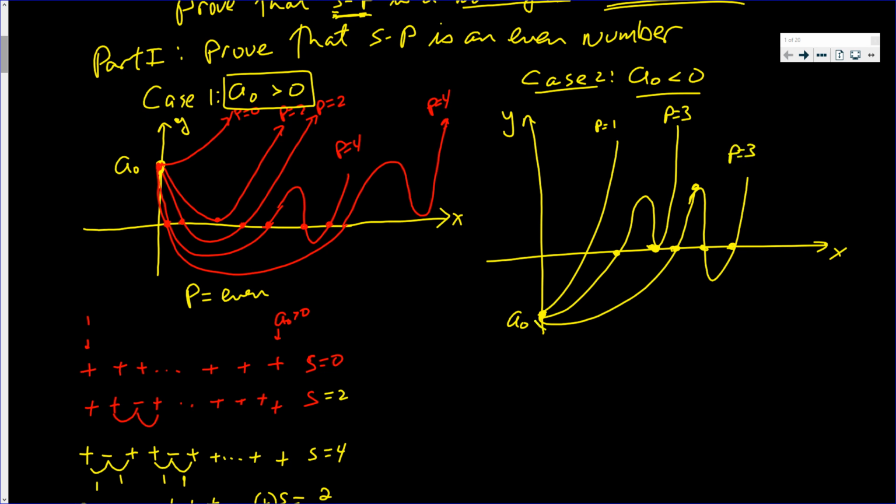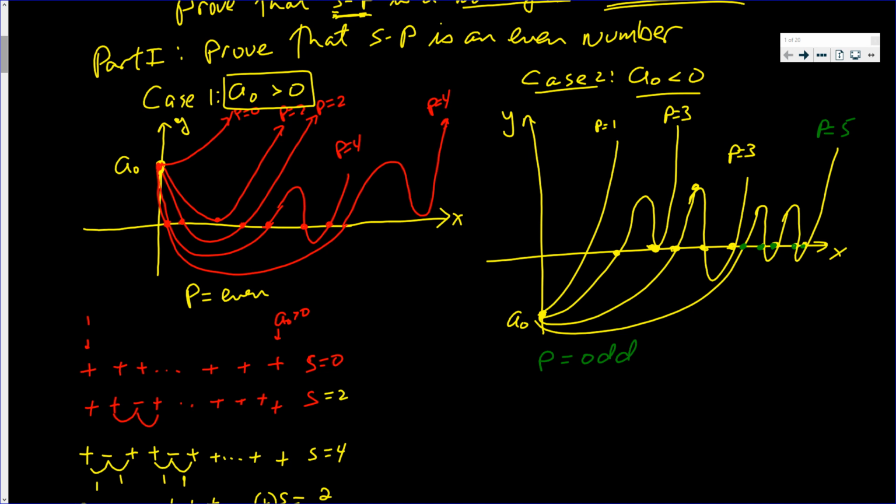P is 3. Every time it goes up, and then comes down and goes back up, it's going to have 2 more roots. Even if you just touched it, it'll have 2 more roots. This polynomial is going to have 1, 2, 3, 4, 5. P is 5. P is going to be odd.